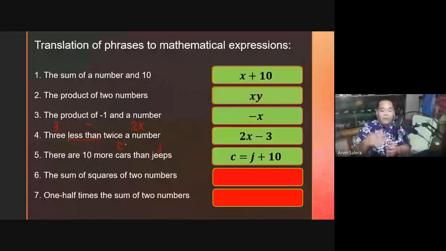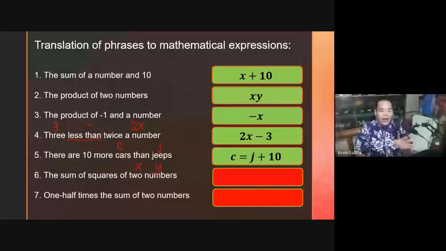Okay, next. The sum of squares of two numbers. Meaning, kung naay two numbers, let's say for example x and y, the two numbers are x and y. Kung sa atong gibuhat, the sum of squares of two numbers, una ba nga gi-square siya usa pa gisum or gisum siya usa siya gi-square?